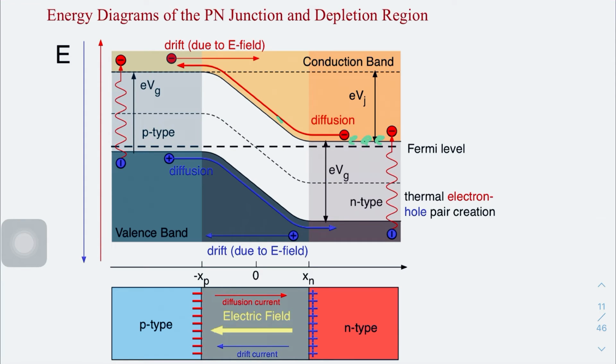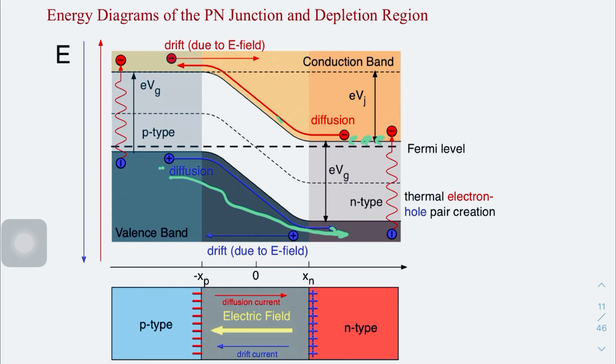If there were no potential barrier, the electrons of the conduction band of the n side could go to the conduction band of the p side by the diffusion process, and also holes in the valence band of the p side could go to the valence band of the n side by the diffusion process.